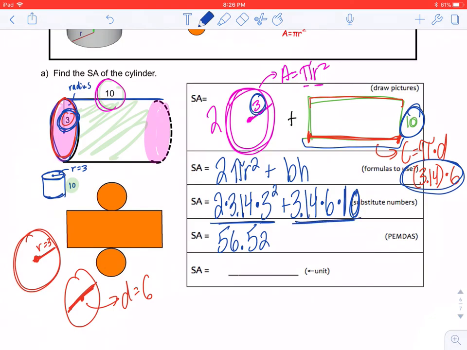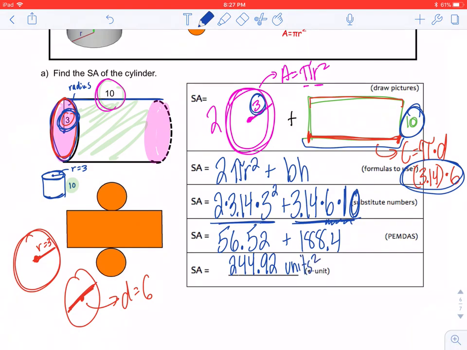For this part here, I can mentally do 6 times 10, so that's 60. 60 times 3.14 gives me 188.4. I add those two together, 56.52, and your final answer there is 244.92. Again, if you don't actually have units in your diagram, you just write units squared.